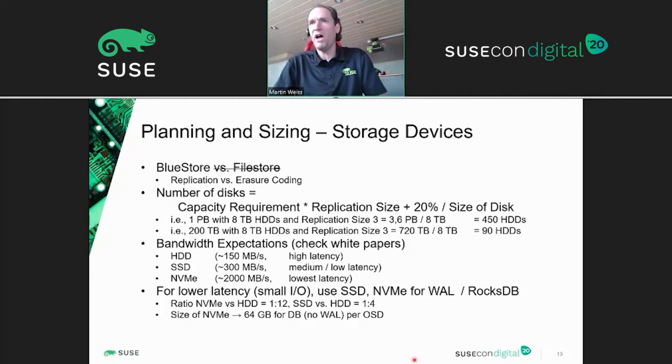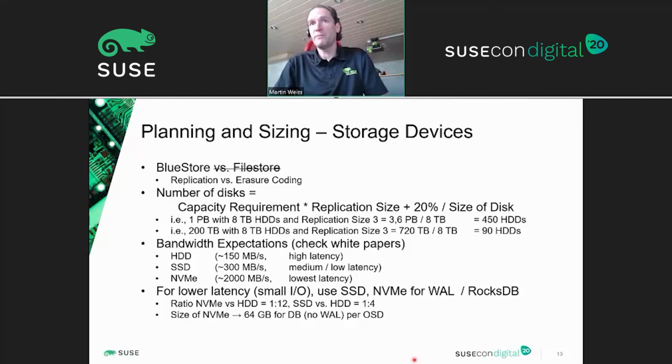After we know how many disks we need, the next thing is to think about what bandwidth and latency requirements we have. As some rough numbers, with spinning disks, HDDs, you get 150 megabytes per second, with SSDs 300 megabytes per second, and NVMEs, for example, 2 gigabytes per second.